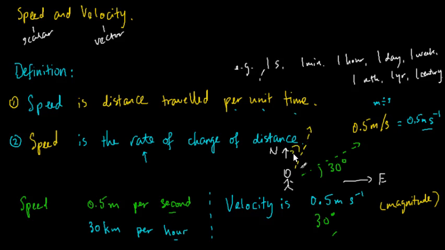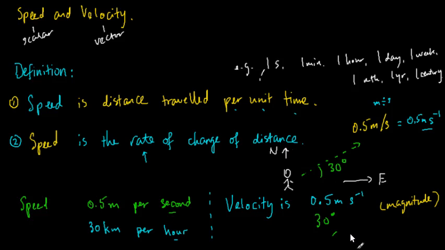So that's 30 degrees to the north. It might mean 30 degrees to the west, and that's not right. Neither of these is right. You're actually walking at 30 degrees to the east.